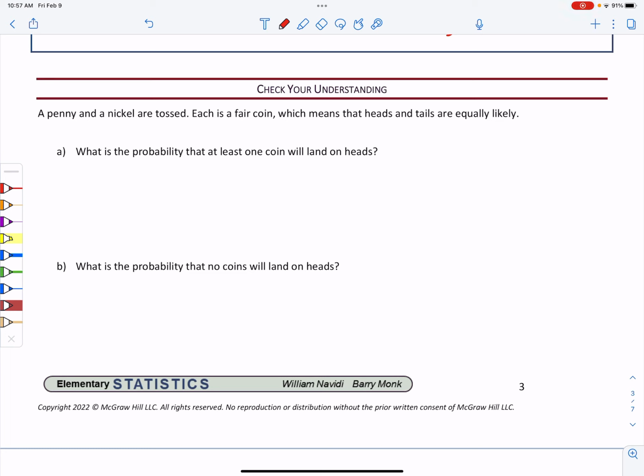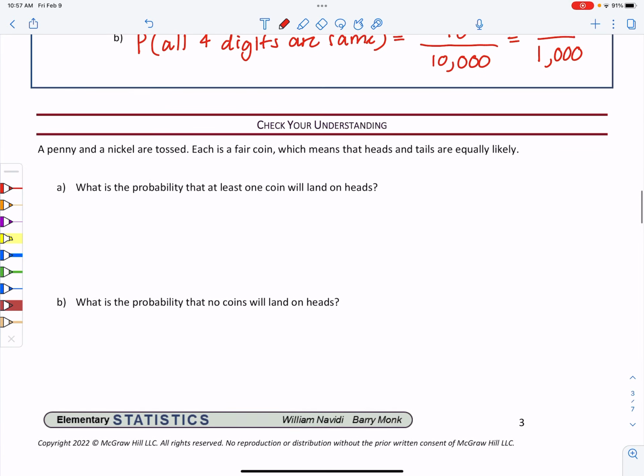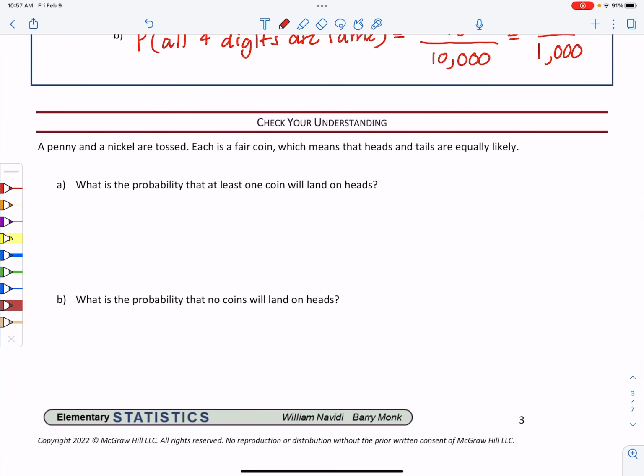Now what I'm going to do is I'm going to come back up here where I looked at the possible outcomes. If a penny and a nickel are tossed, there are 4 possible outcomes. That is my total. So for any probability that I want to find, that total, that bottom number, is going to equal 4. Part A, we want the probability that at least one will land on heads.